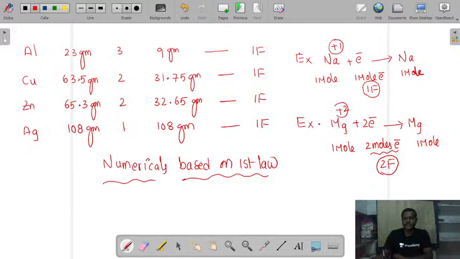So what is the charge present on the magnesium ion? 2 units of positive charge. 1 unit of positive charge requires 1 Faraday, and 2 units of positive charge require 2 Faradays.